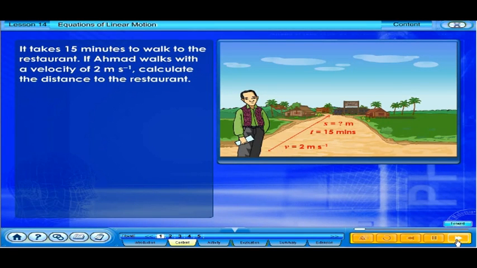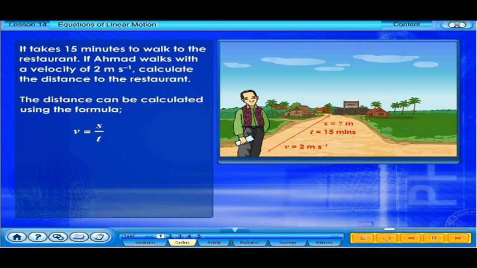We know that it takes 15 minutes to walk to the restaurant. If Ahmad walks with a velocity of 2 meters per second, calculate the distance to the restaurant. The distance can be calculated using the formula v equals s over t.